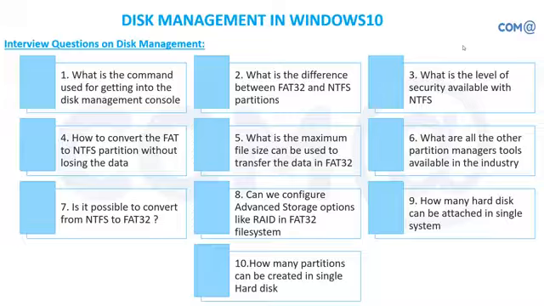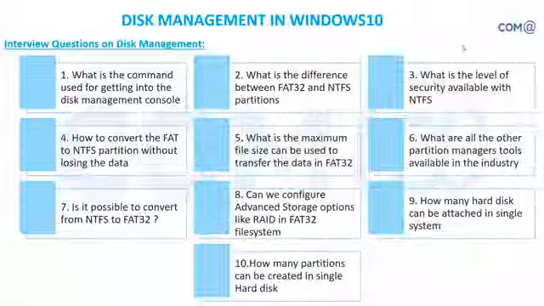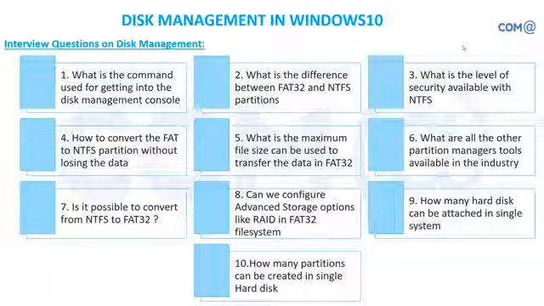Question 3, what is the level of security available with NTFS? File level security. With NTFS, we have file level protection. Fourth one is how to convert FAT to NTFS using the convert command. Fifth one, what is the maximum file size that can be used to transfer data in FAT32? File size can be 2 GB in FAT32.